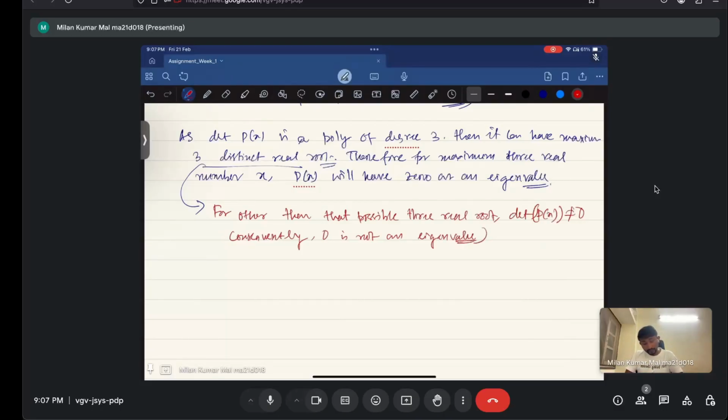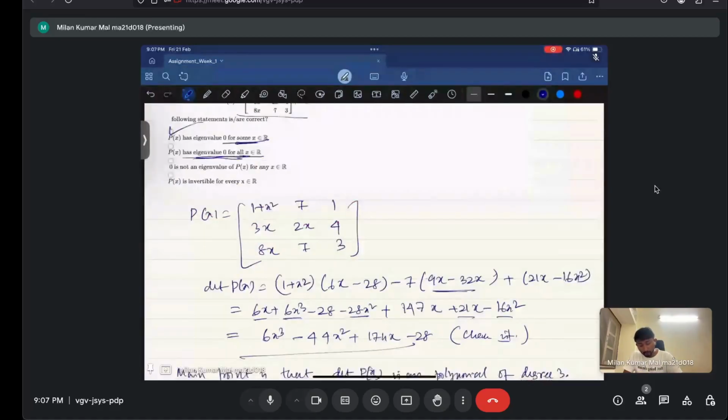So what we are getting here is that px has eigenvalue 0 for all x, that is false.